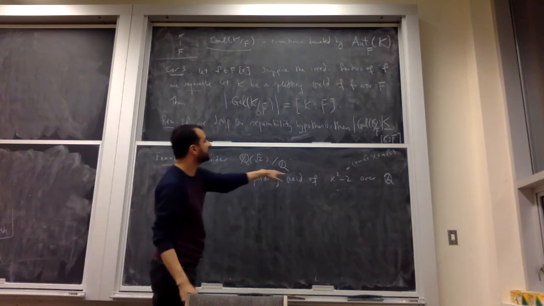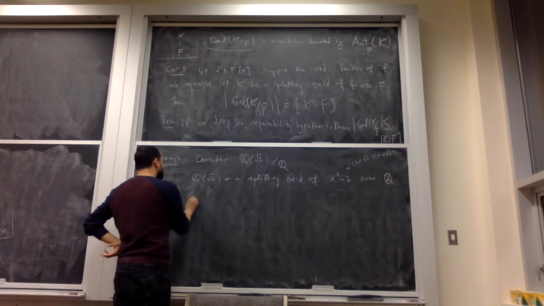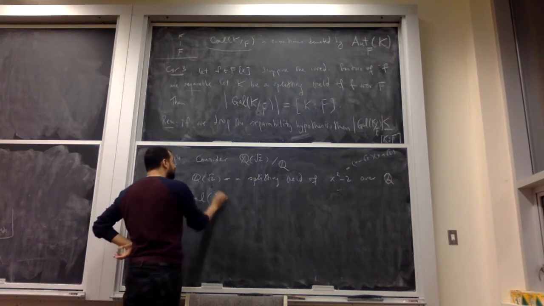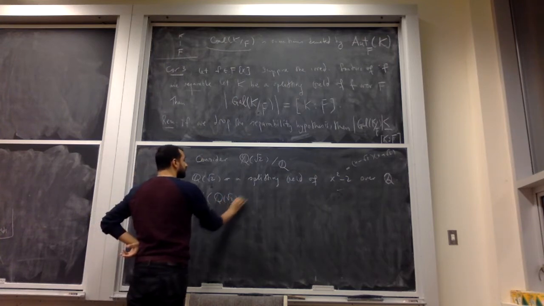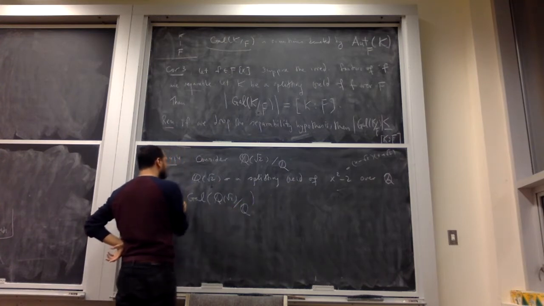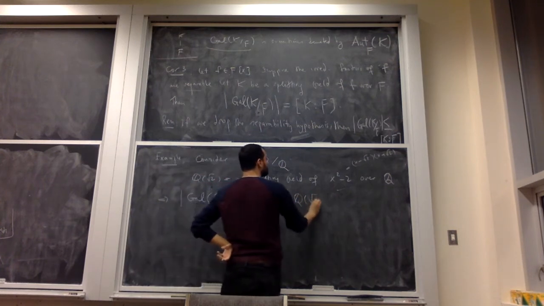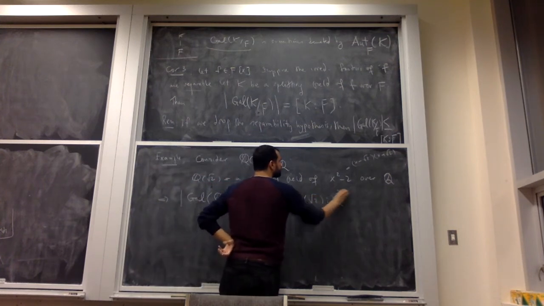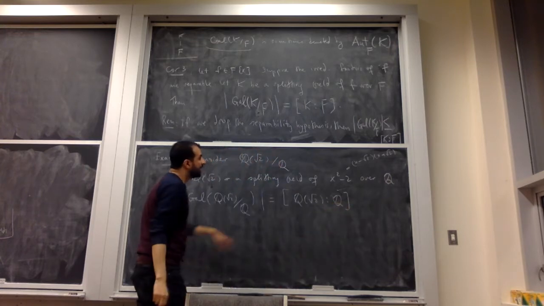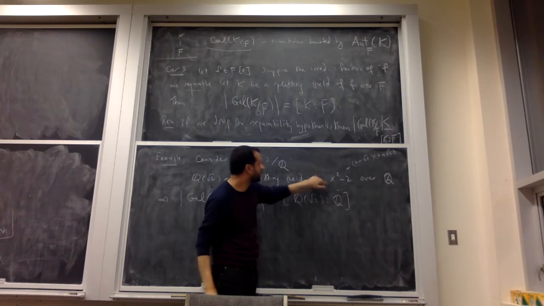Now, this is a splitting field over Q, and that implies that the number of elements of the Galois group of this field over Q, so the number of automorphisms of this field which fix Q, is equal to the degree of the extension Q adjoint root 2 over Q. Right? And now this polynomial is irreducible by Eisenstein criterion, let's say.